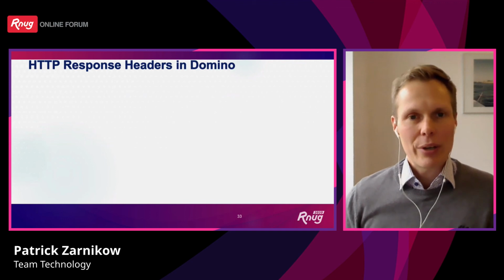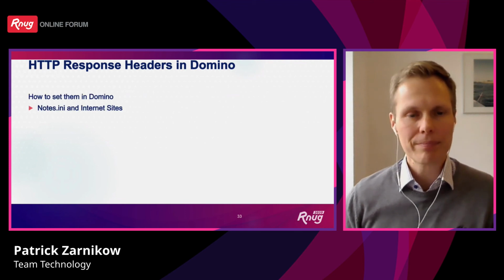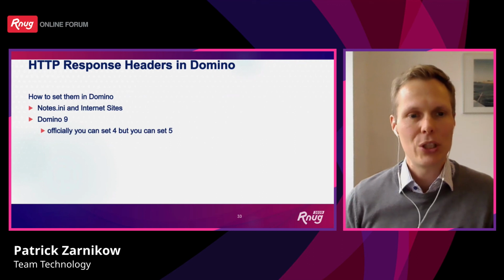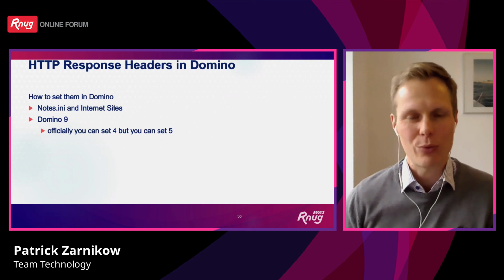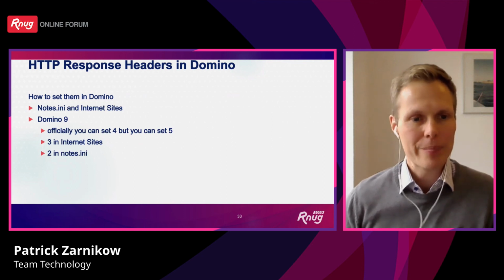This is general information, so let's take a little bit deeper look at the Domino part, how to set them in Domino. You can use the notes.ini and the internet sites in Domino 9. You can officially only set 4 of them, but you can actually do 5 if you trick it a little bit. 3 can be configured in internet sites, 2 via the notes.ini.